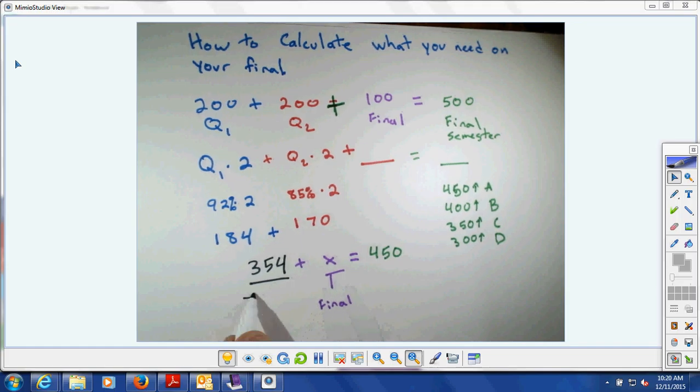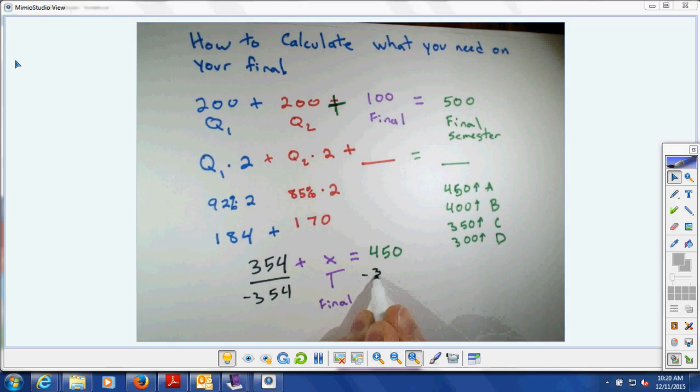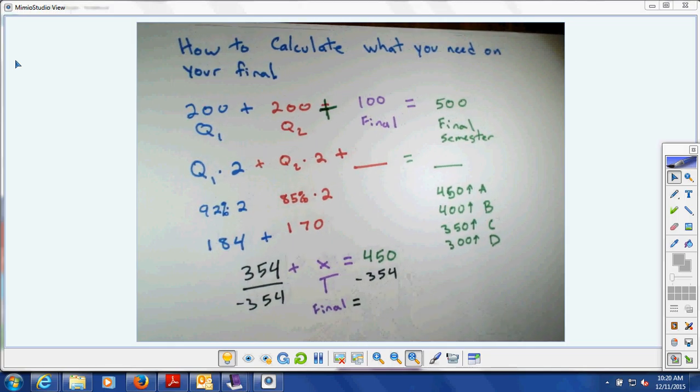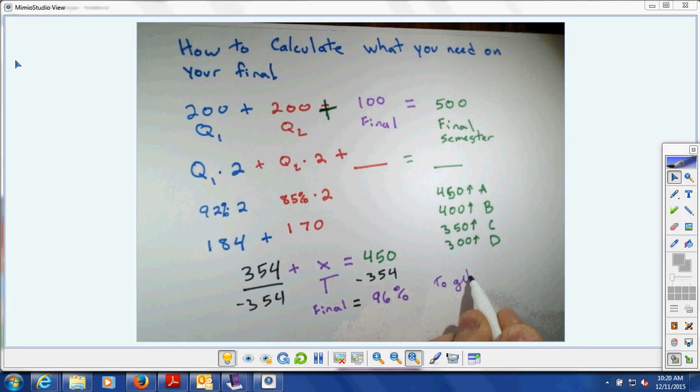Right. Minus 354. So your final grade would have to be, and what is 450 minus 354? 96. So you have to get a 96% on your final to get an A.